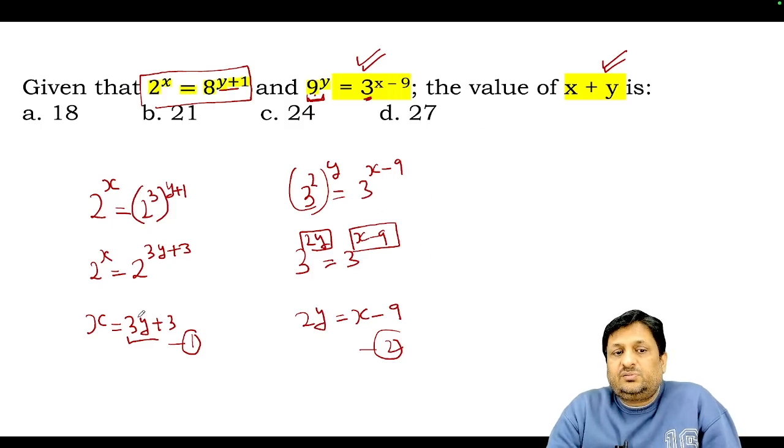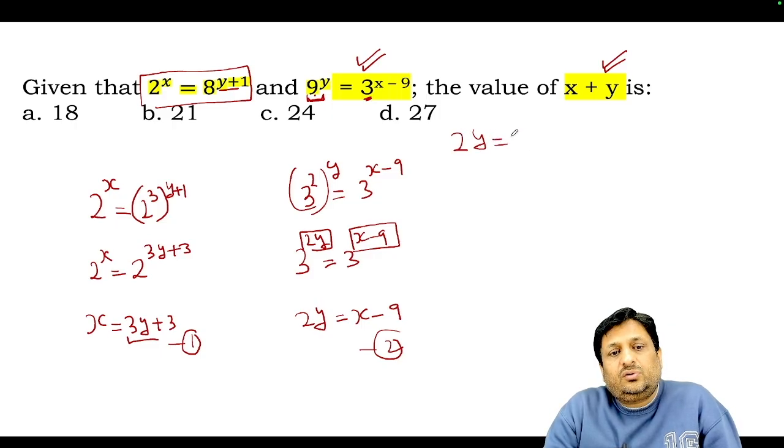Now from equation number 1, I can put the value of x in equation number 2. What will I get? 2y is equal to 3y plus 3 minus 9. I am eliminating x in the second equation with the help of the first equation. So I have replaced x with, sorry, my bad, 3y plus 3. So I have eliminated x.